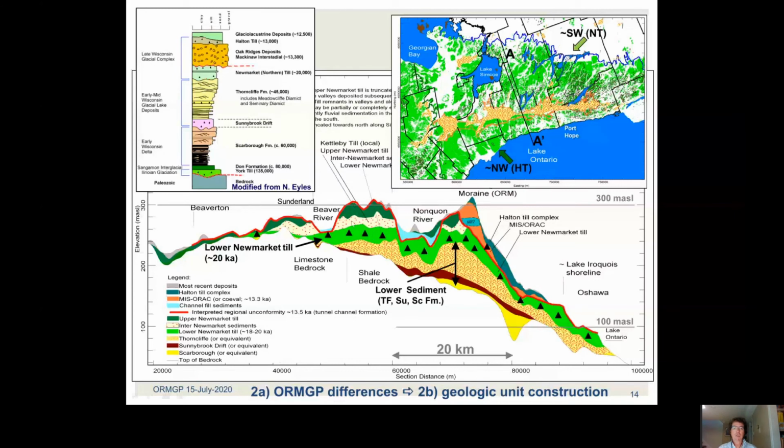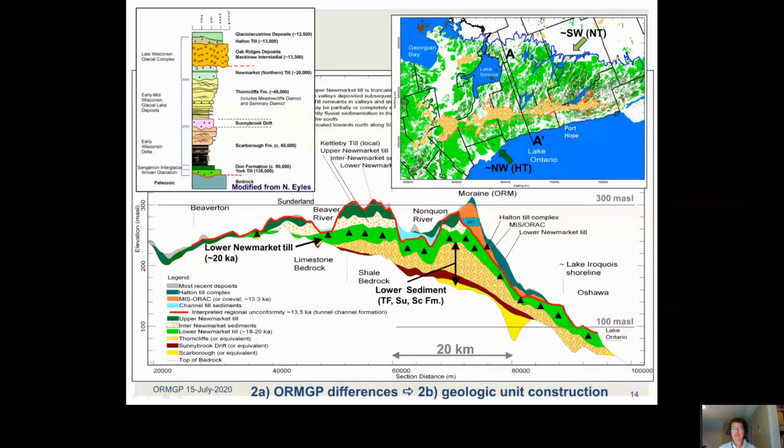We also see in some locations silts and sands between till units, so an upper Newmarket till and an inter-Newmarket sediments and a lower Newmarket till, and that's different definitely from the GSC's interpretation where they've lumped all this together. Just want you to be aware that we've split it, and that may have a hydrogeologic, we do that hydrogeologically, let's just leave it at that.